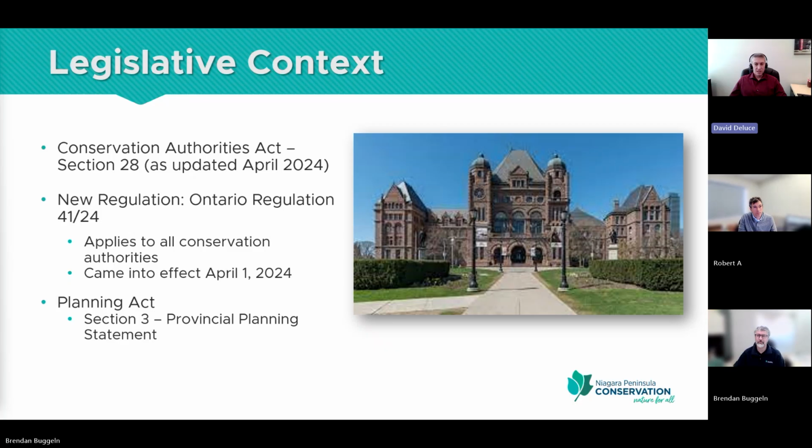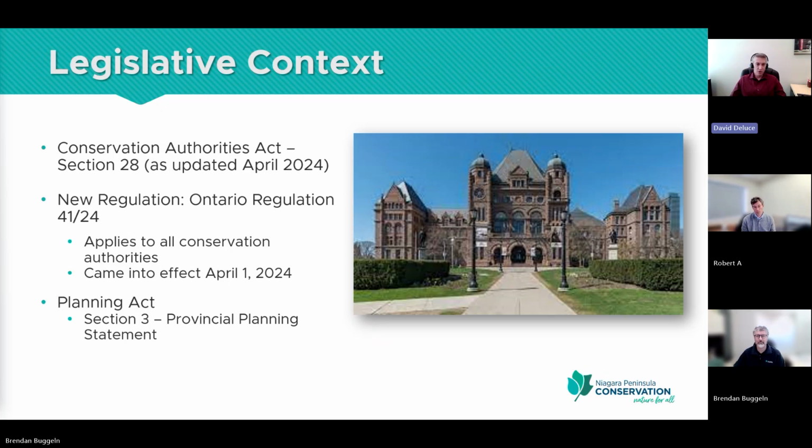So just some context about where we get our legal jurisdiction for regulating a floodplain. So the first section comes from the Conservation Authorities Act, specifically Section 28, which was updated back in April of 2024. And also in conjunction with that is our regulation, Ontario Regulation 41/24. So that particular regulation applies to all conservation authorities across Ontario.